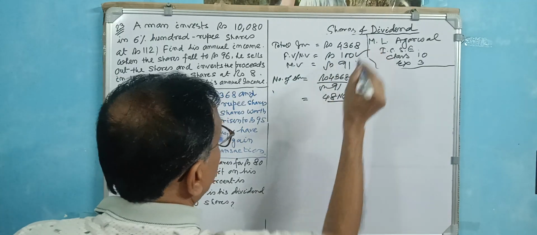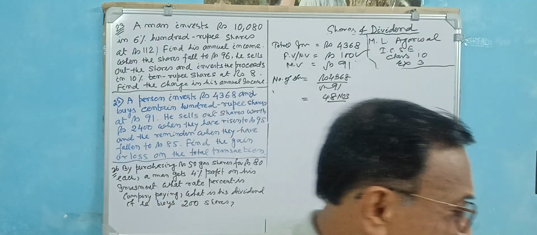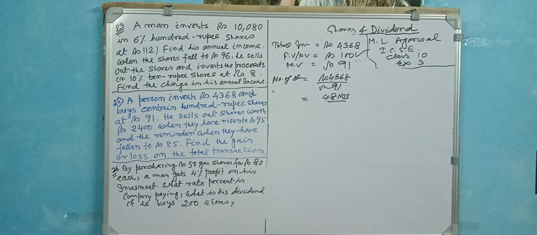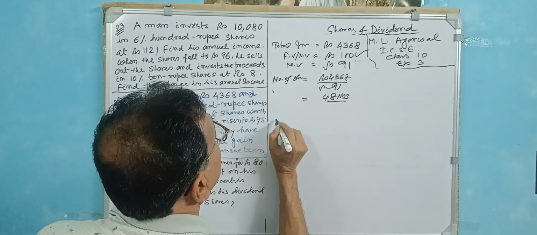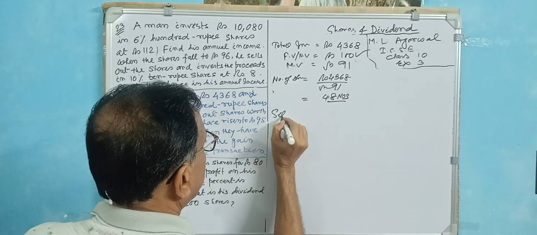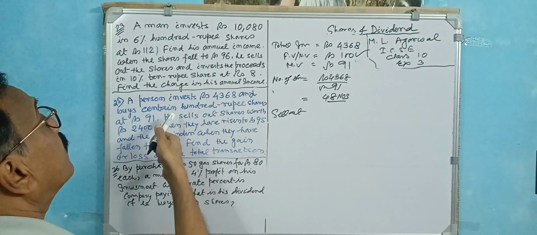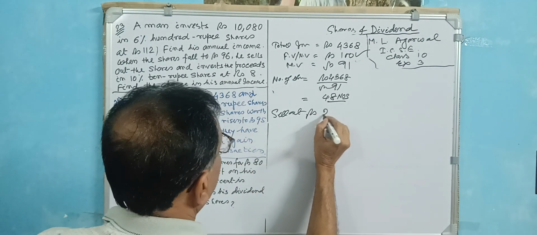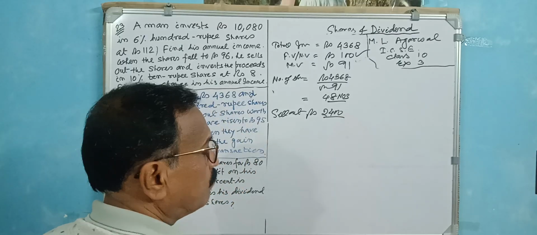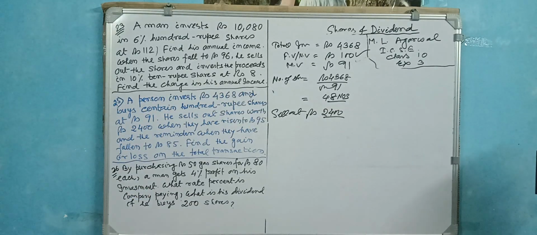What is the nominal value actually? 100. In this case 100 is the nominal value. He sells out shares of rupees 2400 in the particular company at the face value.